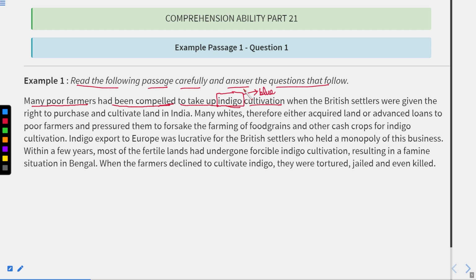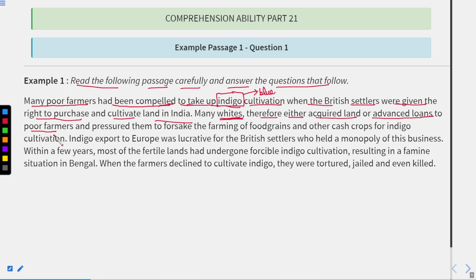So indigo was cultivated in India when the British settlers were given the right to purchase and cultivate land in India. Many whites here, whites means Britishers, because they are white in color, either acquired land or advanced loans to poor farmers.